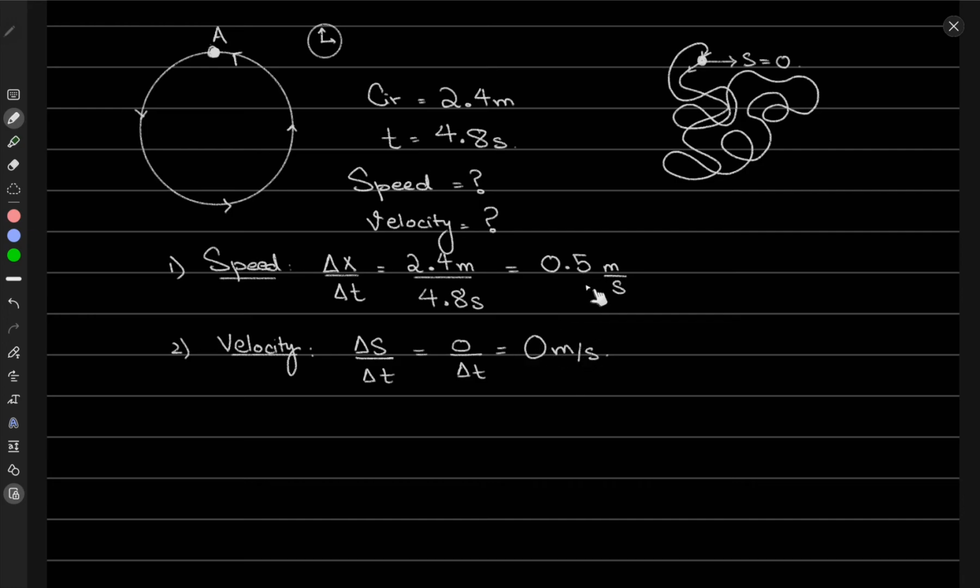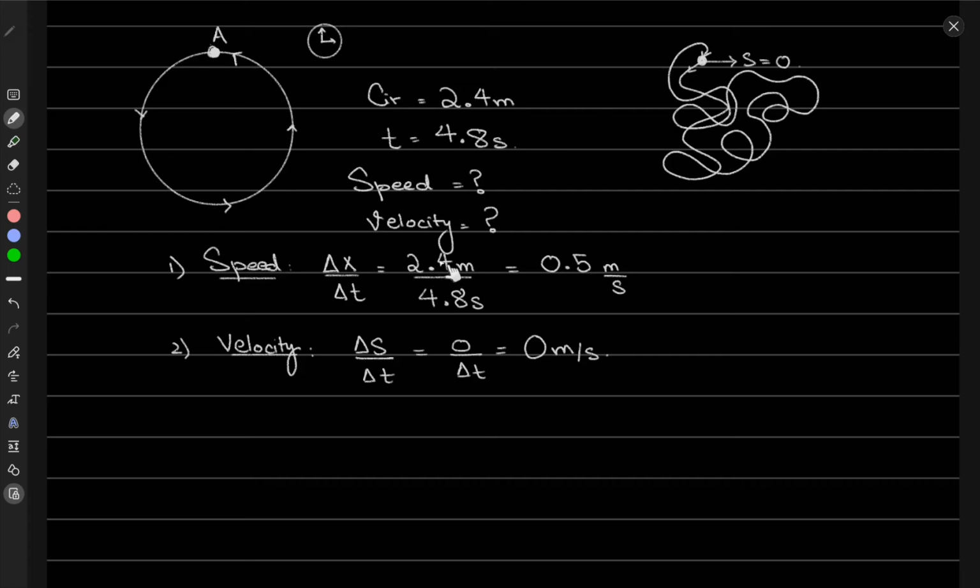Now, just a point to note over here is that it's always a good idea to have the units included even while you're working in your calculations, because this can help you to avoid any mistakes of units in your calculations.